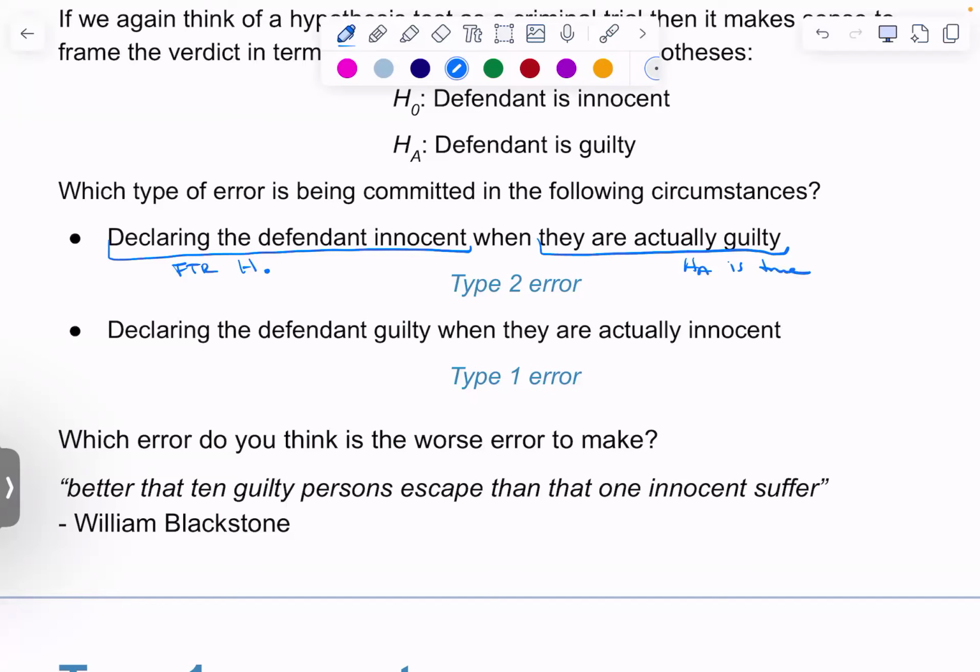So if you go back to that table, that's a type 2 error. Whereas declaring the defendant guilty, that's the same as rejecting H naught when they're actually innocent, when H naught is true.